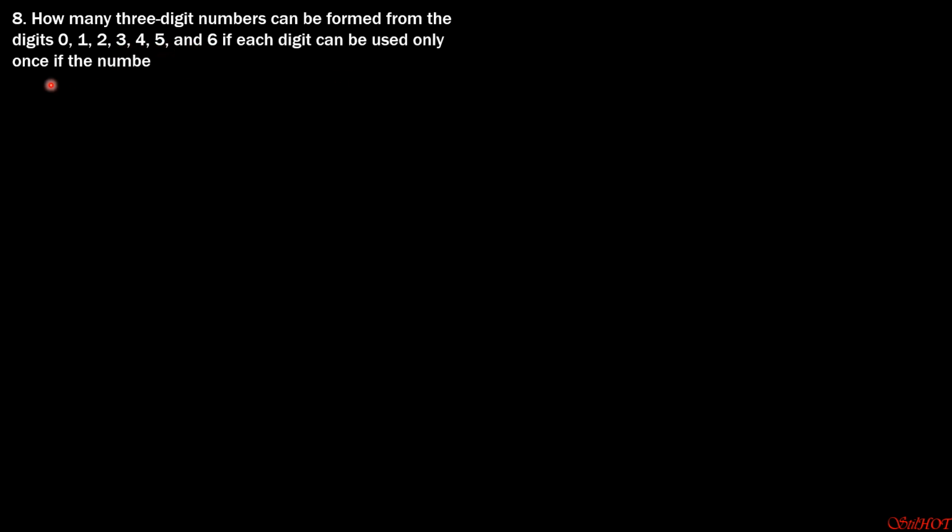Problem 8: How many 3-digit numbers can be formed from the digits 0, 1, 2, 3, 4, 5, and 6 if each digit can be used only once and the number is greater than 330?